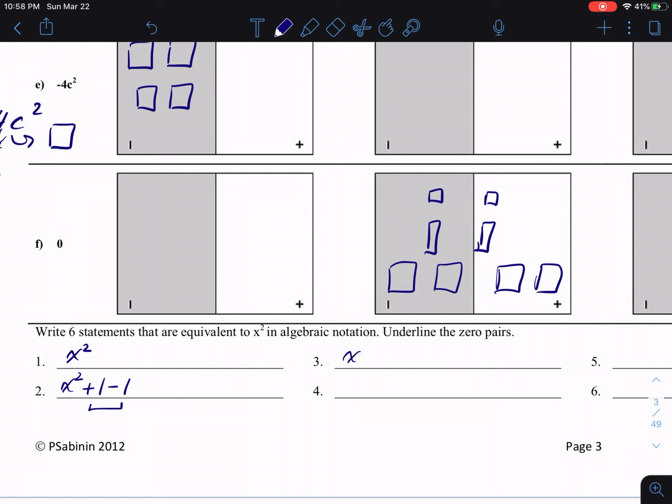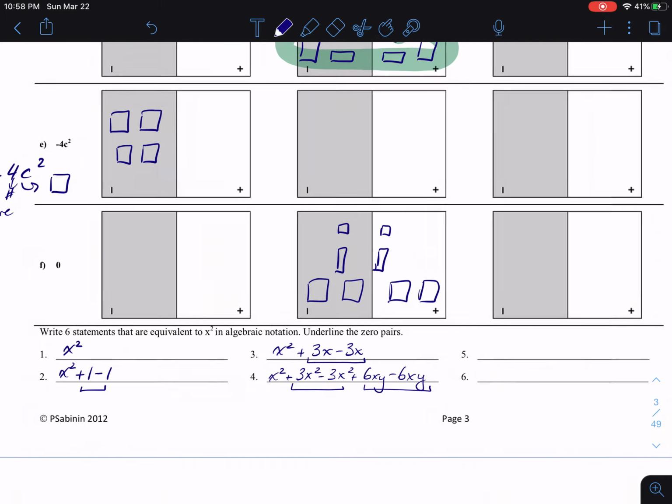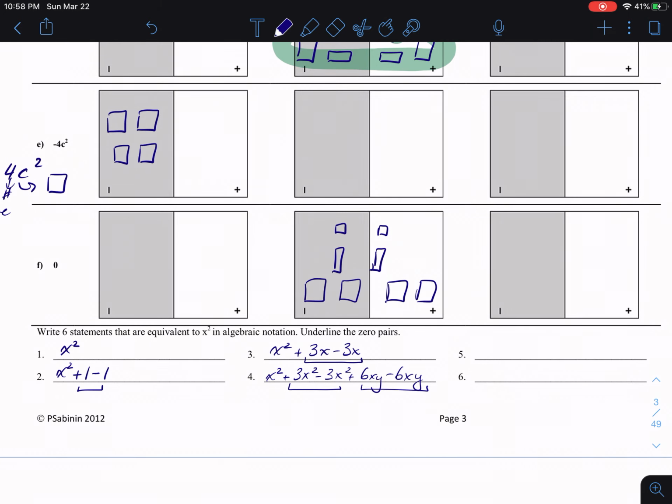Or we can make it look like x squared plus 3x minus 3x. This is a 0 pair. Or we can go really crazy. We have 0 pair, 0 pair. You can come up with many others for number 5 and 6, but you get the idea.